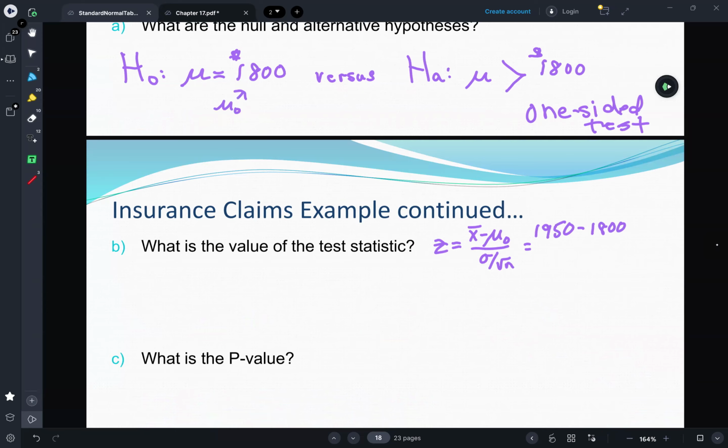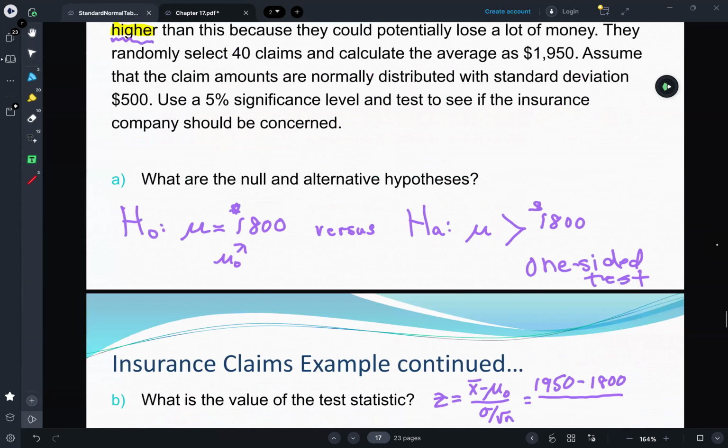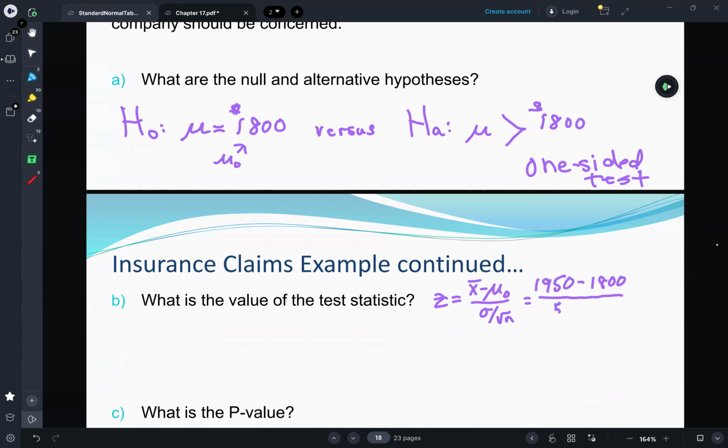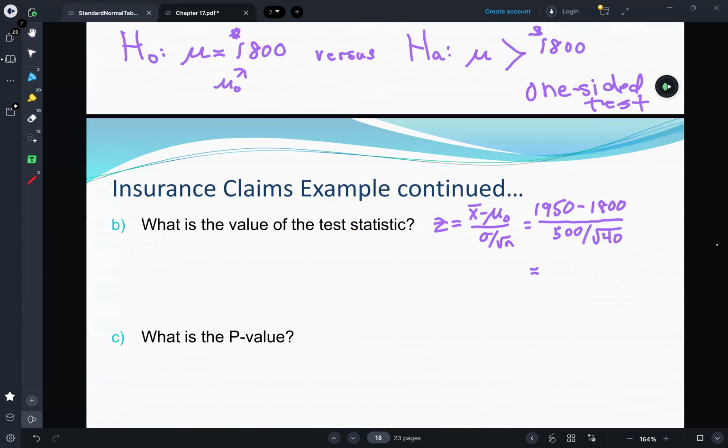Mu naught is 1,800. We're going to divide that by sigma. Sigma is 500. That's the population sigma. Divide by the square root of 40 claims, and that should give us a value.